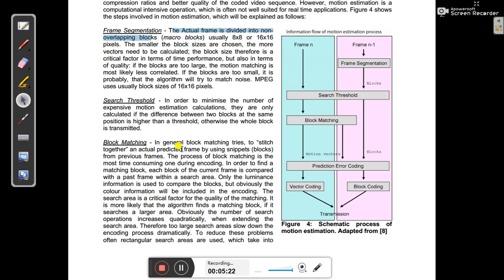The process of block matching is the most time consuming one during encoding. This is the part where the motion estimation process takes the most time.